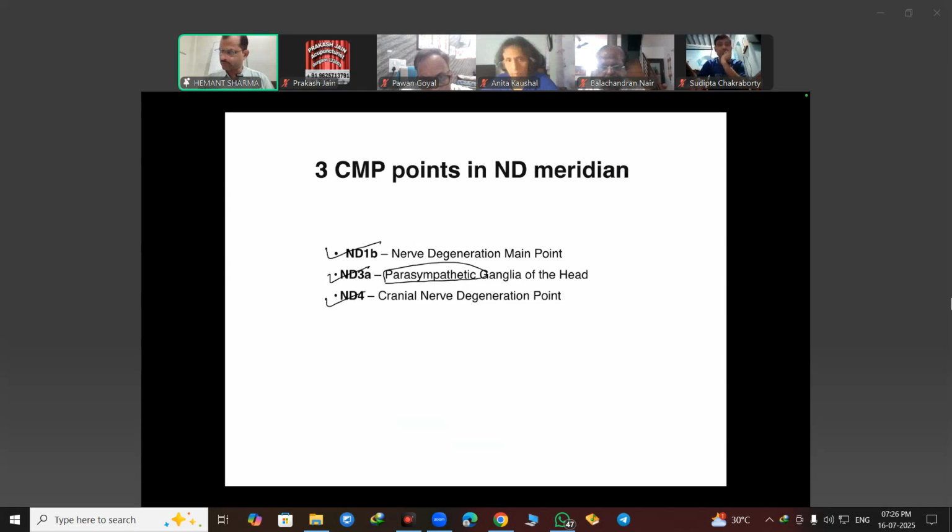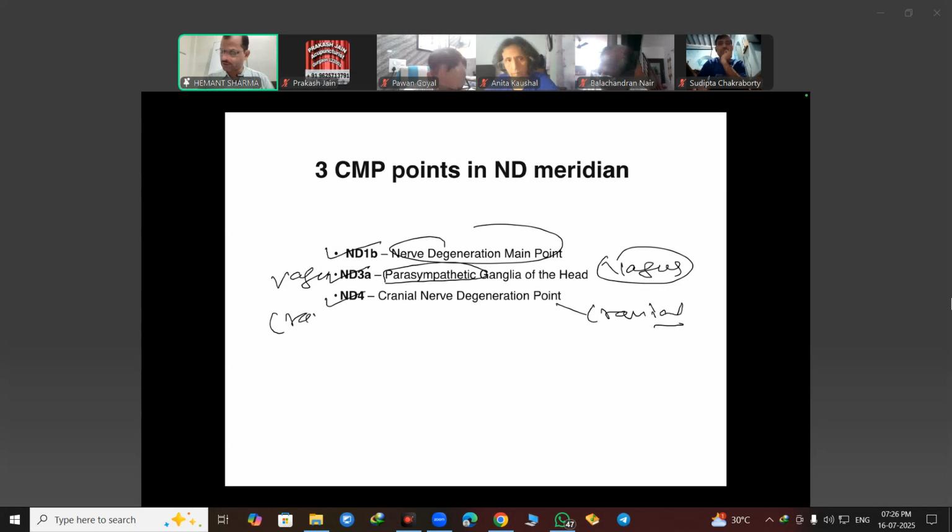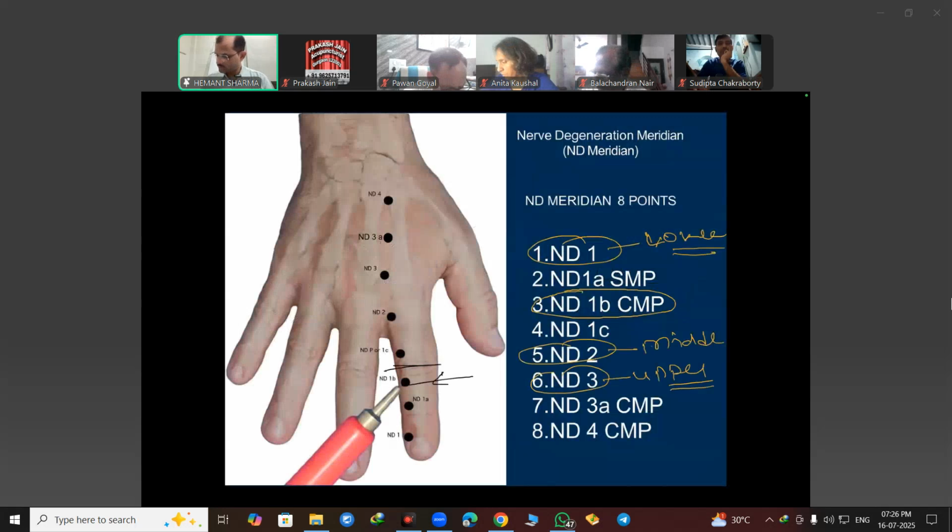One CMP point is for all nerves, one for the parasympathetic nerve, like the vagus nerve, and one for the cranial nerves. So there are 3 CMP points.